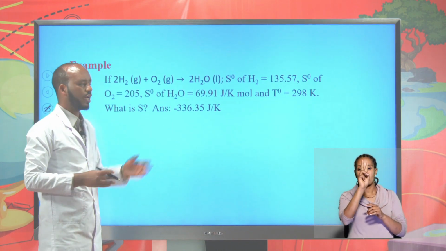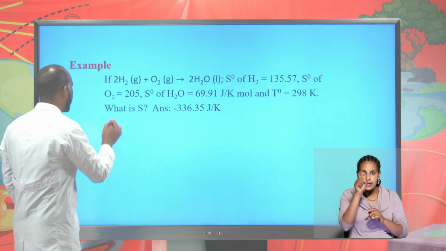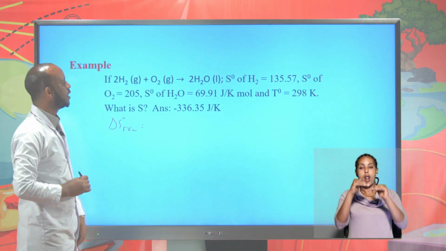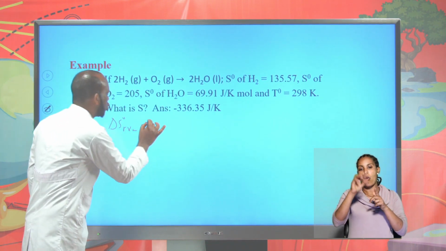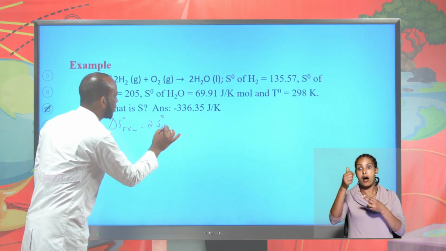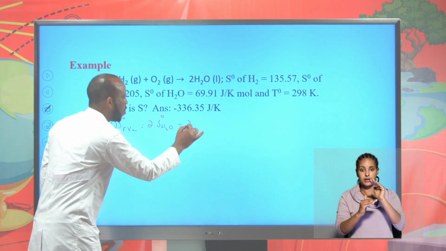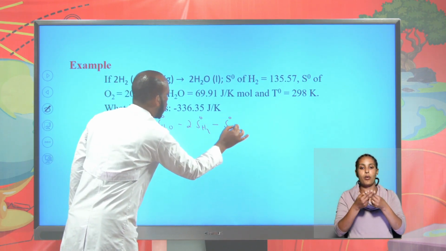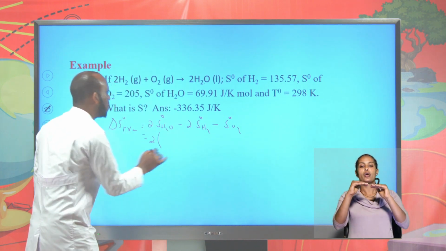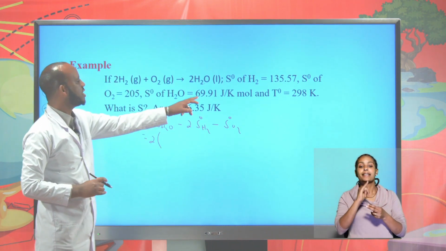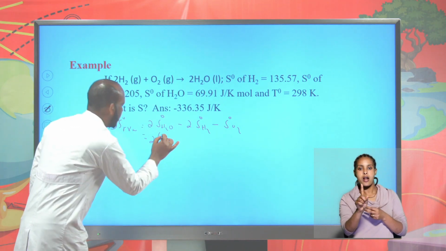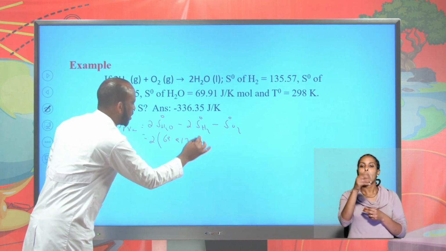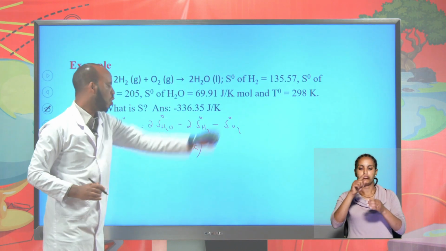What is delta S? The change in entropy, delta S, for the given reaction equals 2 times the molar entropy of water minus 2 times the molar entropy of hydrogen minus 1 times the molar entropy of oxygen. 2 times the molar entropy of water is 2 times 69.91 joule per Kelvin. Mole will be cancelled by mole.